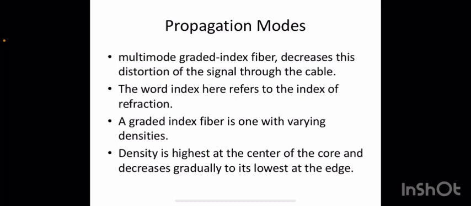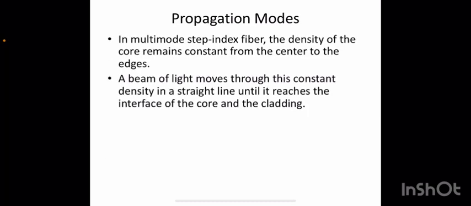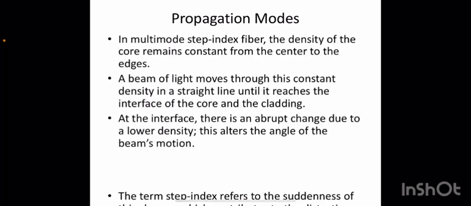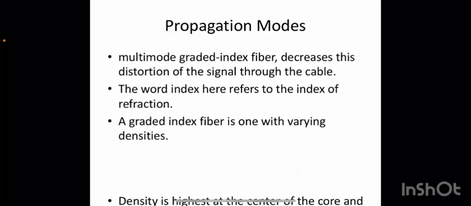It won't be in a straight line, which is why it moves like this. You can see here, it is in a bent, curved form. There is no sudden change, so distortion will be less in multi-mode graded index compared to step index. This is how propagation modes in multi-mode work.